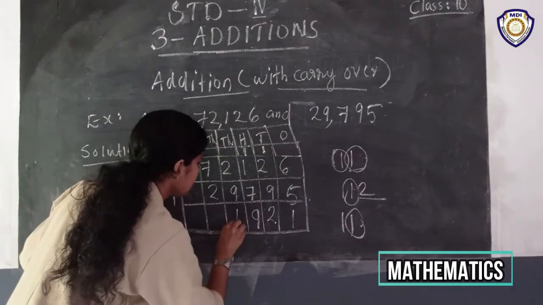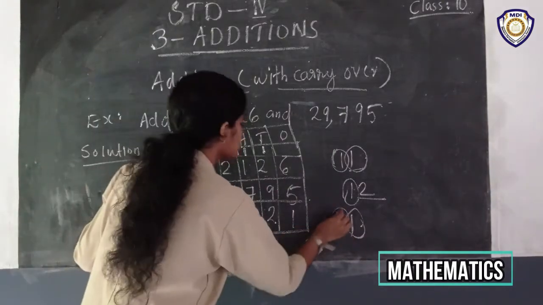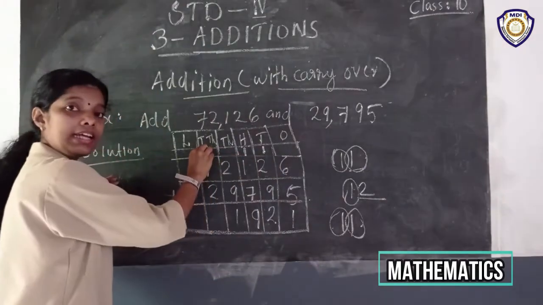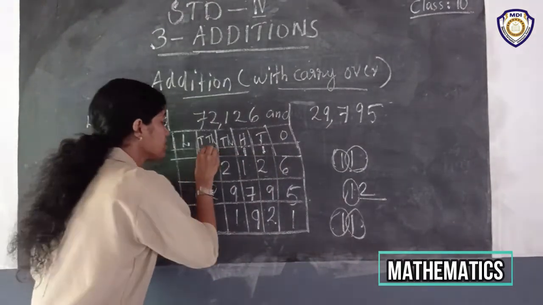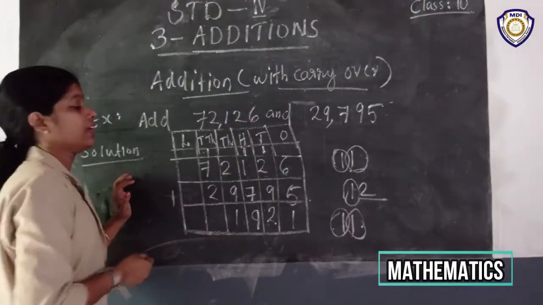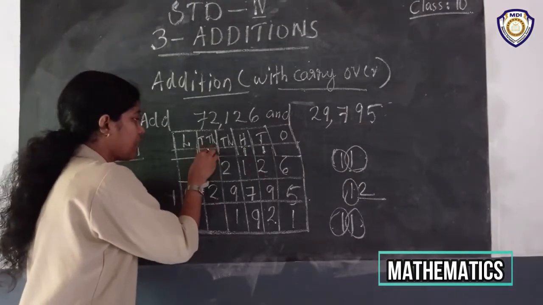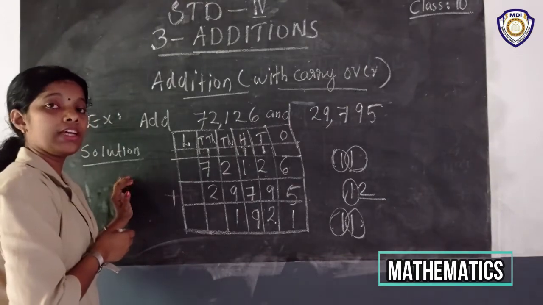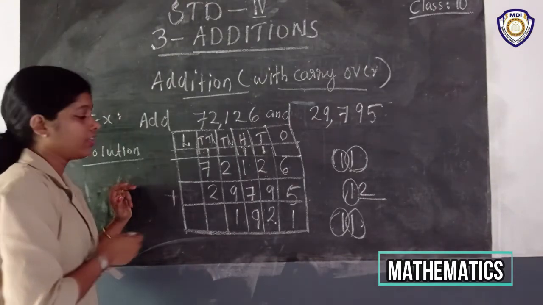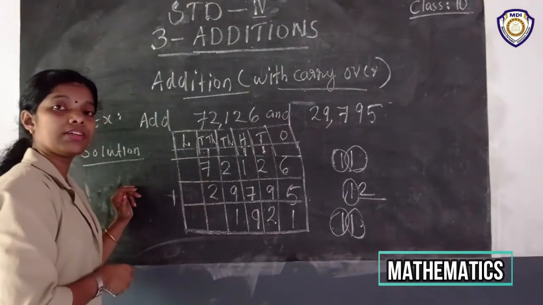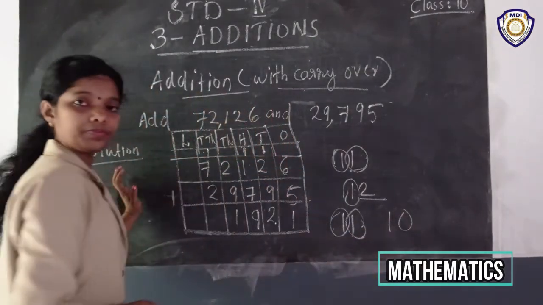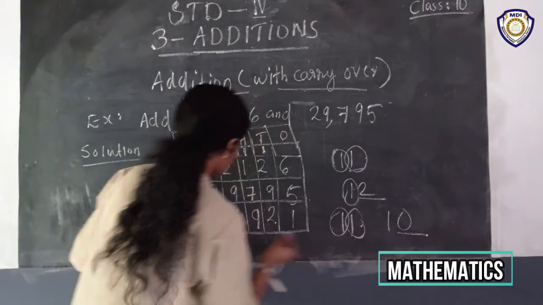1 is here. Then 1 is carried to the 10,000 place. Then add 1 plus 7, 8. Then 8 plus 2, 10. 0 is here.